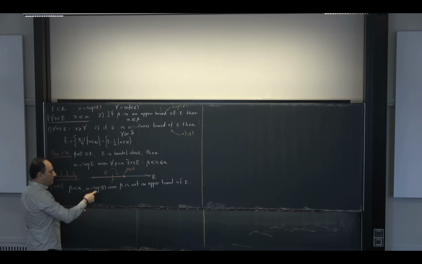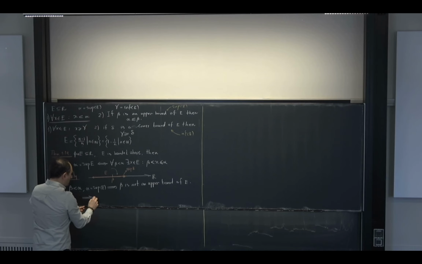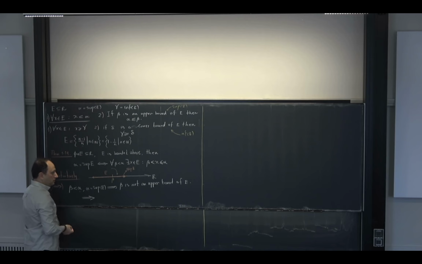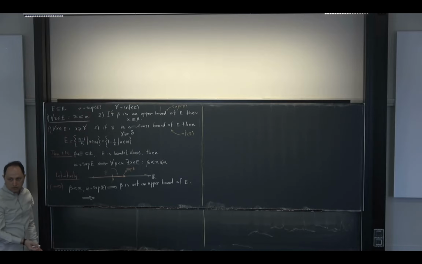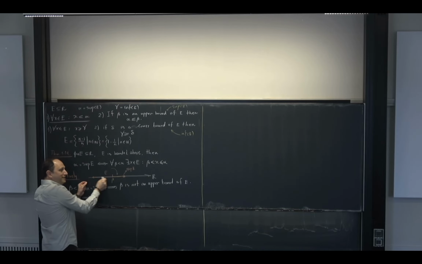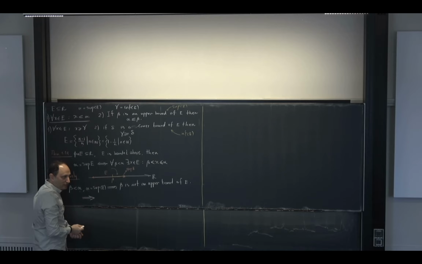But if beta is not an upper bound, what is the translation of this? Yes? There exists an x in E that is bigger than beta. That's the meaning. When you say it is not an upper bound, it means that when you were looking inside E, you found something greater than that.